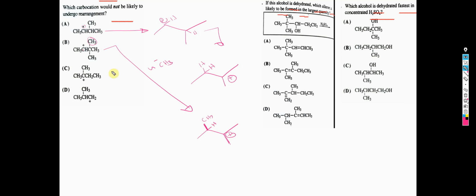So yes, it will undergo rearrangement. This one is not going to undergo rearrangement because that's already a tertiary. There is no need for it to undergo any more rearrangement, and this also is going to undergo rearrangement because we have primary carbocation and a hydrogen here, so the hydrogen will move there and you will get a tertiary butyl carbocation. So that's the right answer.